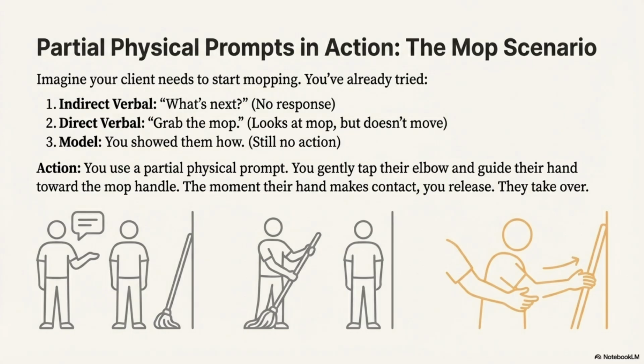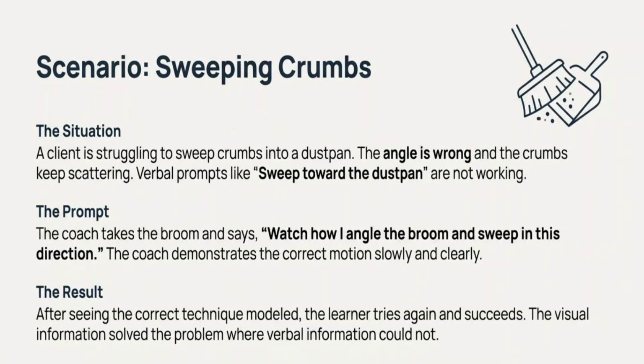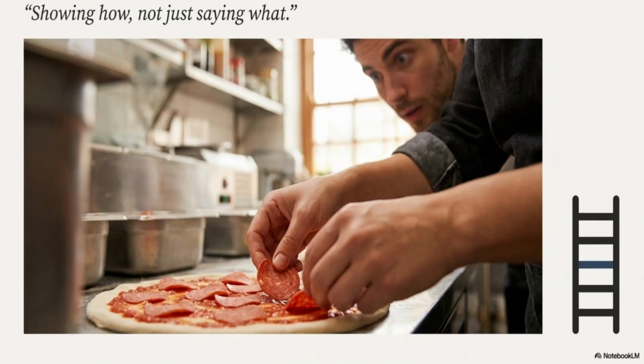They're struggling. The angle isn't right. The crumbs keep scattering. So you model it. You take the broom and dustpan and demonstrate. Watch how I angle the broom and sweep in this direction. They watch. Then they try it. They get it right because they saw how to do it. That's the power of modeling. Another example with pepperoni placement.